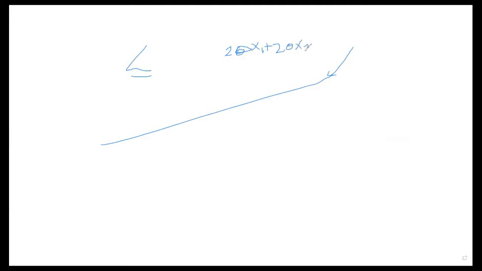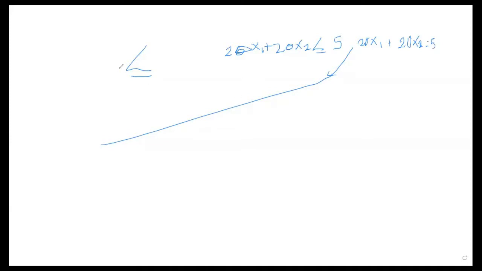So less than or equal to 5: the equal to is the straight line. So the straight line becomes 20x1 plus 20x2 equals 5. So that's the straight line.